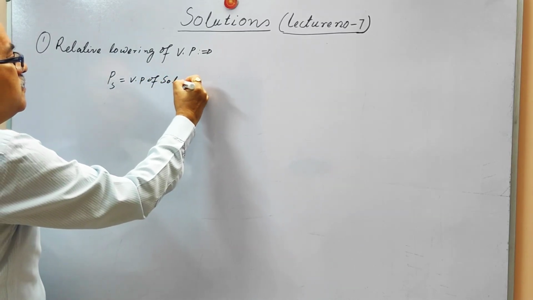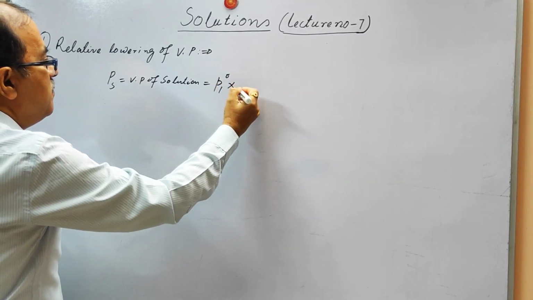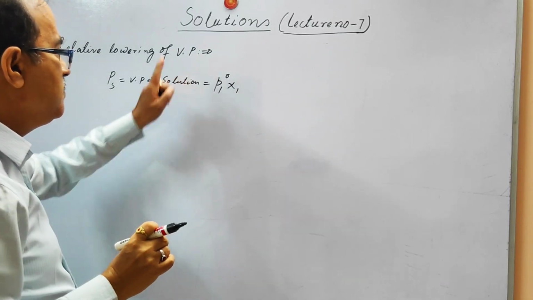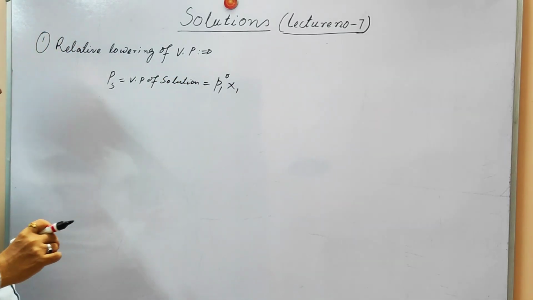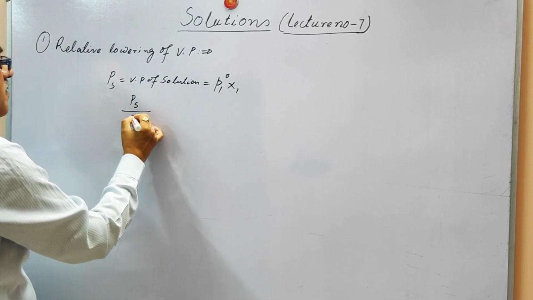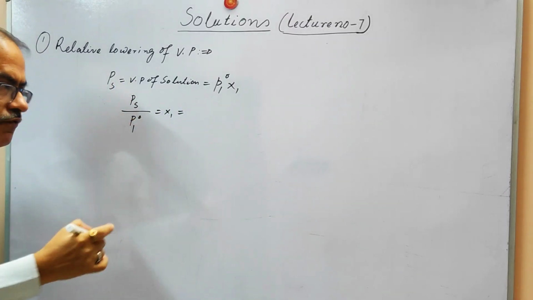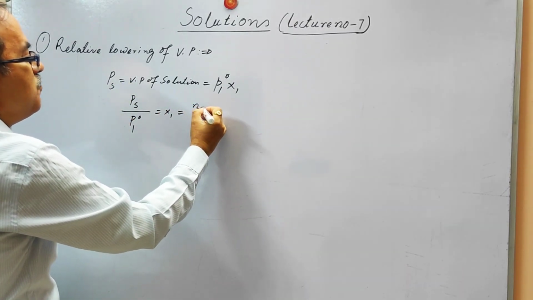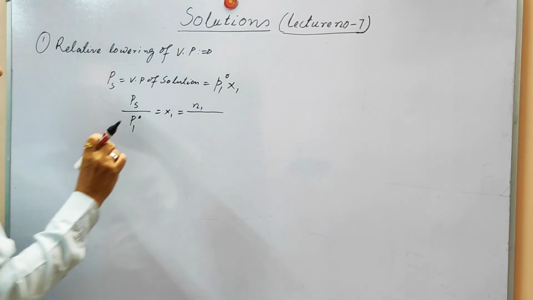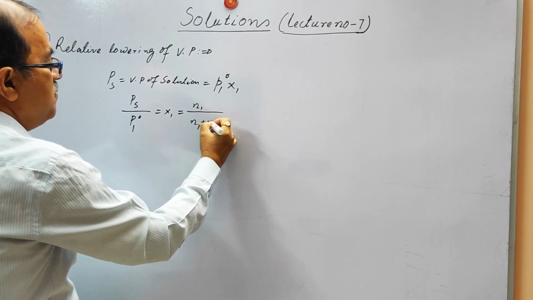We can write P10, the vapor pressure of the pure volatile component 1, and X1 is the mole fraction. So we can write this equation in this way: PS by P10 is equal to X1. X1 is the mole fraction of the solvent. Suppose in the solution the moles of the solvent present is N1 and the total moles is N1 plus N2.